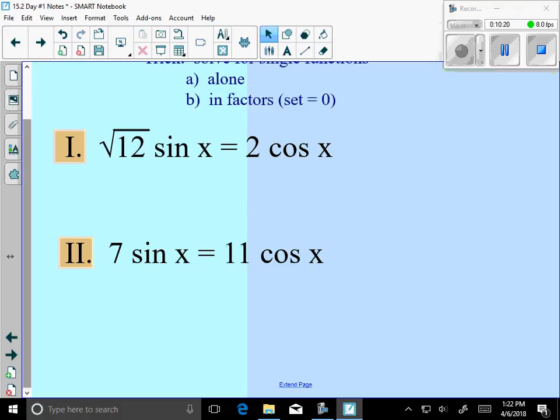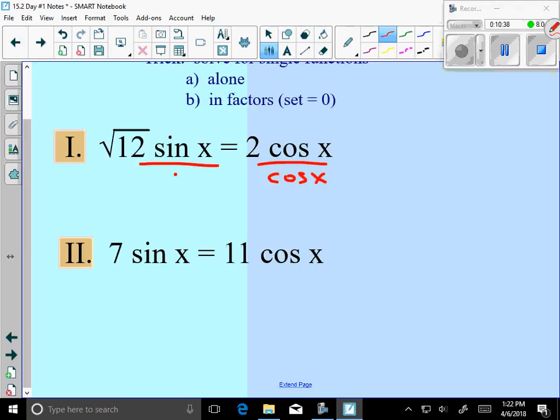Yuck, gross. How am I supposed to solve that? I can solve it by turning it into what? Tangent? Oh, so if I divide by cosine x, and then I divide at the same time by, what is square root of 12?